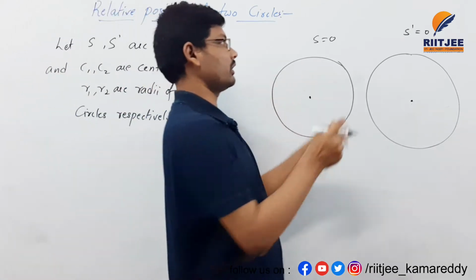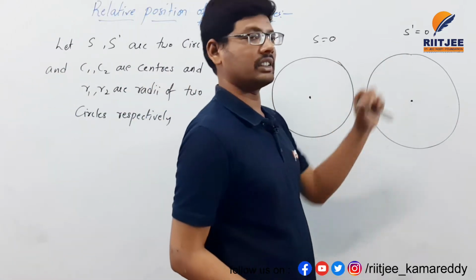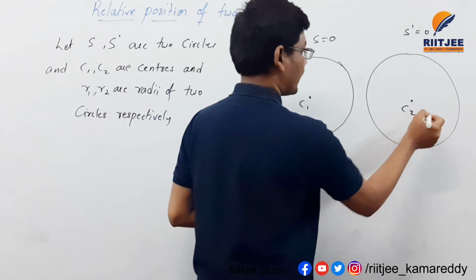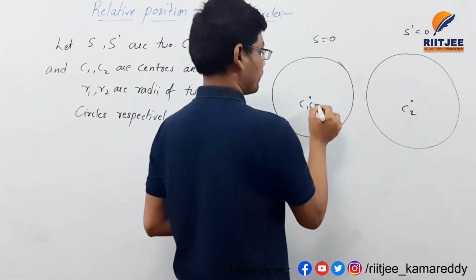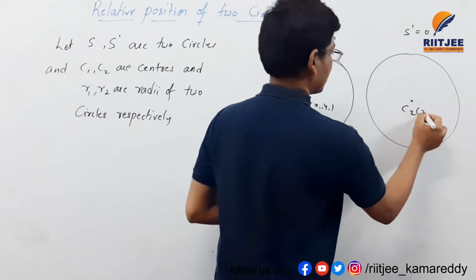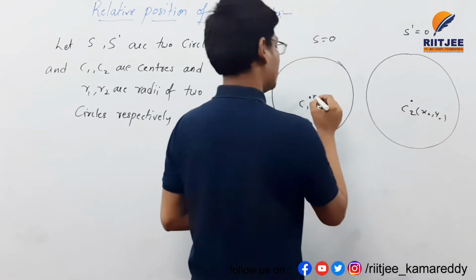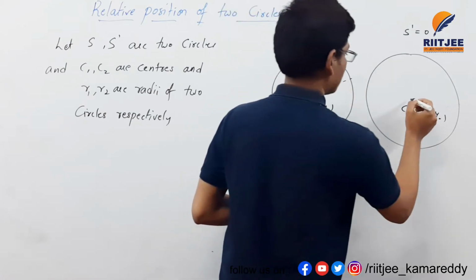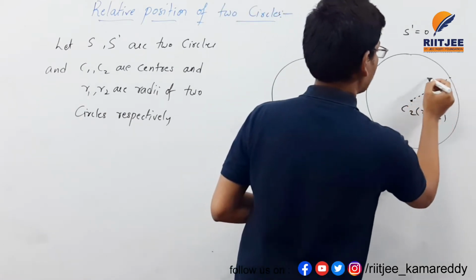Here this S is equal 0, one circle, and S dash is equal 0, one more circle here, and C1 and C2 are centers of these two circles, x1 comma y1, and this is x2 comma y2, and here this is called radius r1 and this is called radius r2.